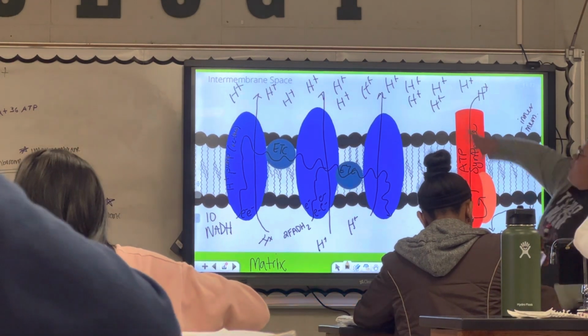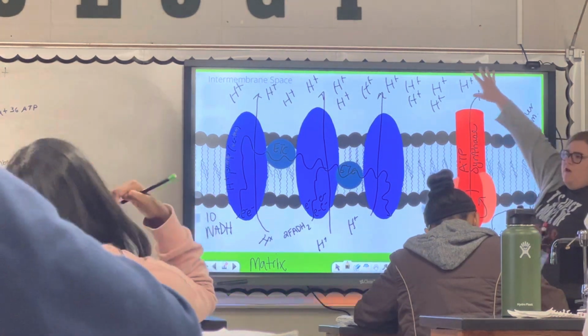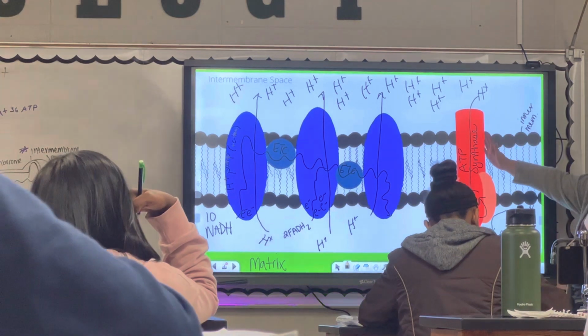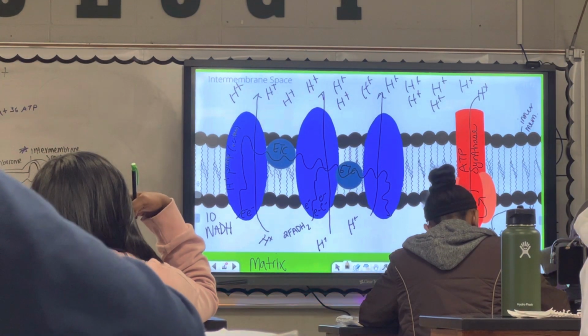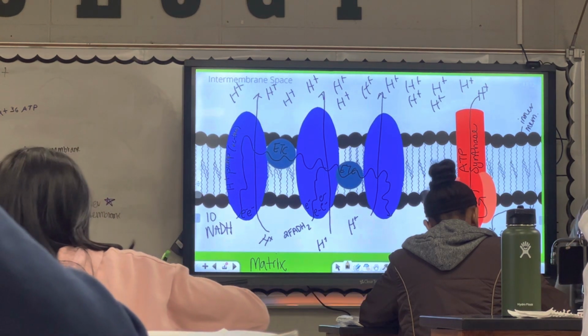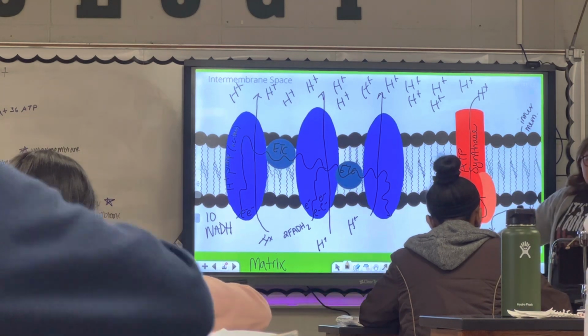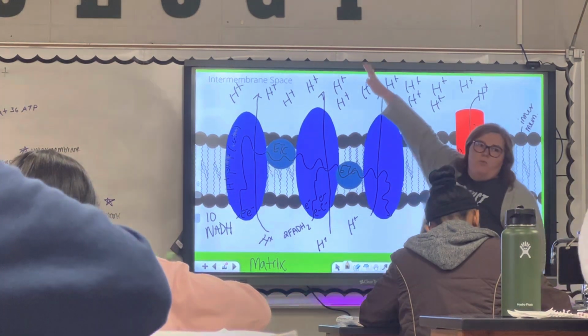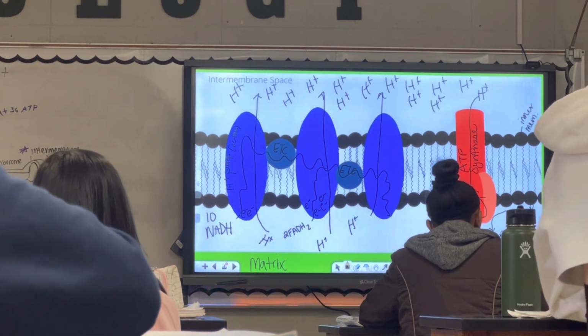We pumped all these hydrogens across, and they're flowing through by facilitated diffusion, and we're going to make anywhere between 32 and 34 ATP. As soon as a hydrogen ion makes it back into the matrix, it can go right back through, like a little cycle within a cycle. It gets reused.